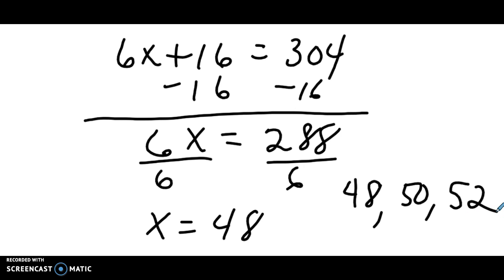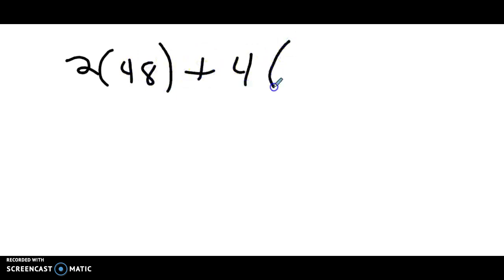Now let's go back and check it with our rule. So these are 3 consecutive even integers, okay? And now the rule says twice the first number, or the smallest number, plus 4 times the largest number is 304.